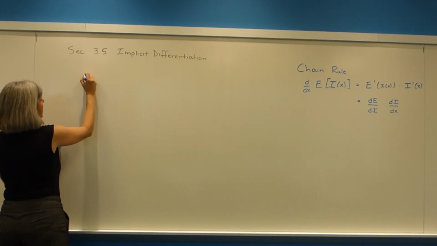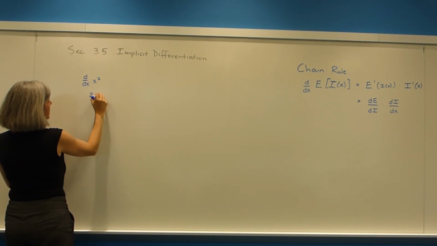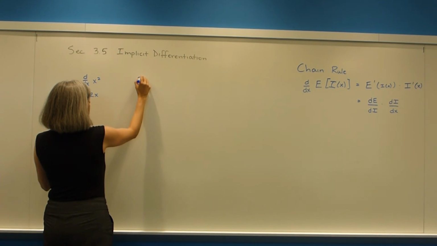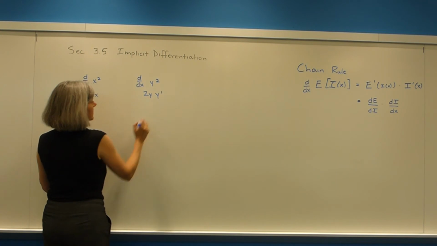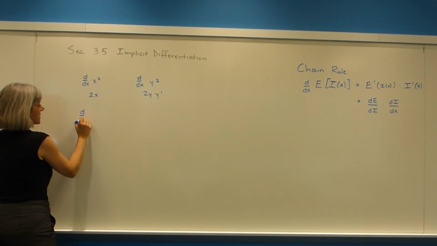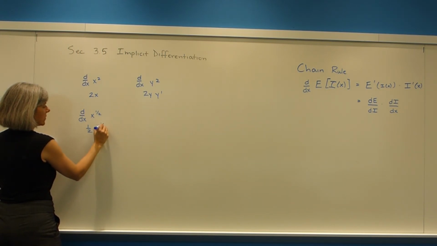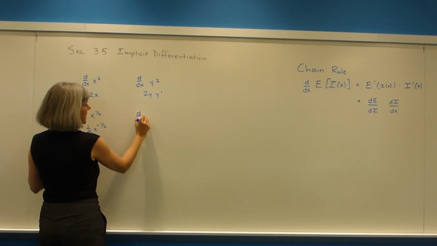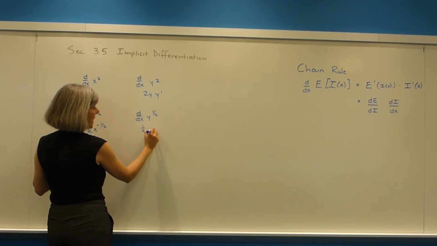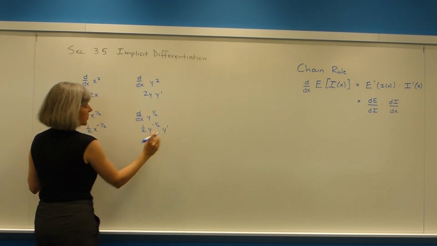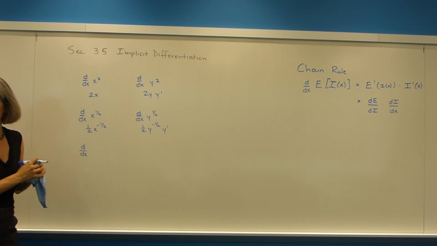So we're going to have d dx of x squared is 2x. d dx of y squared, 2y prime. d dx x to the 1/2 is 1/2 x to the minus 1/2. d dx y to the 1/2 is 1/2 y to the negative 1/2 y prime. d dx, we're going to do ln x.